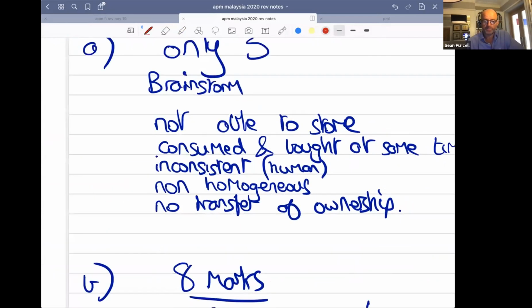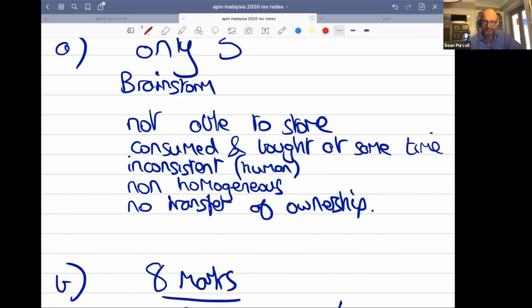The question asks, what is the difference between a service business and a manufacturing business, and use the Colmog Hotel to explain your points. So my brainstorm: you can't store a service. They're consumed and bought at the same time. If I don't sell a hotel room tonight and I've got 100 rooms, I can't sell 101 rooms tomorrow. Because it's a service, it's difficult to achieve consistency.